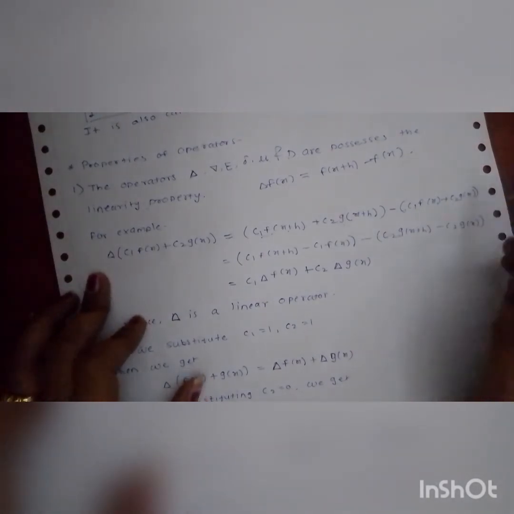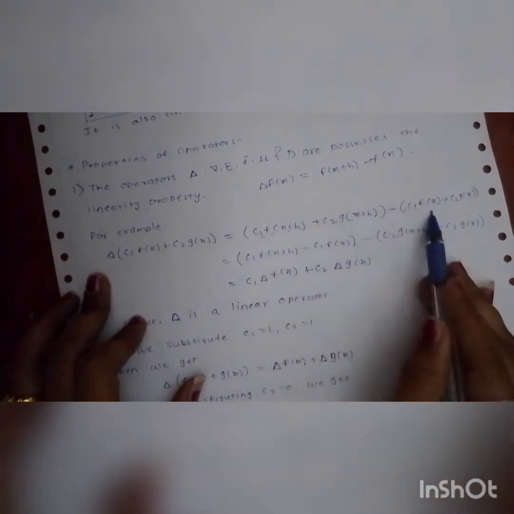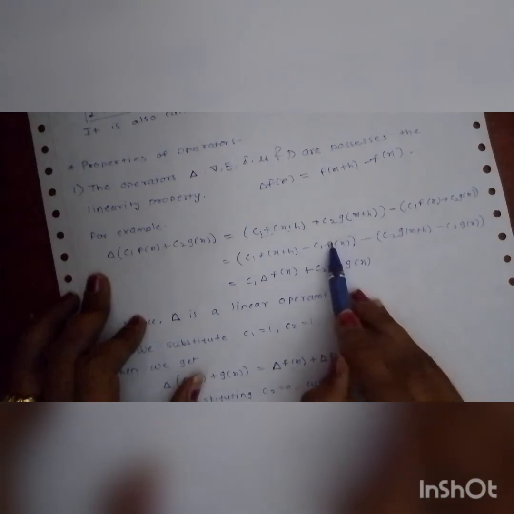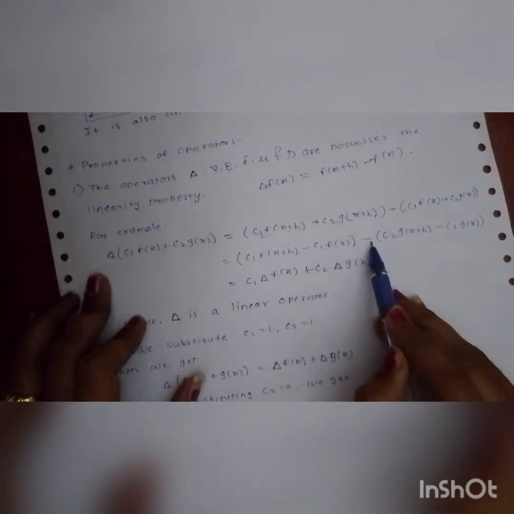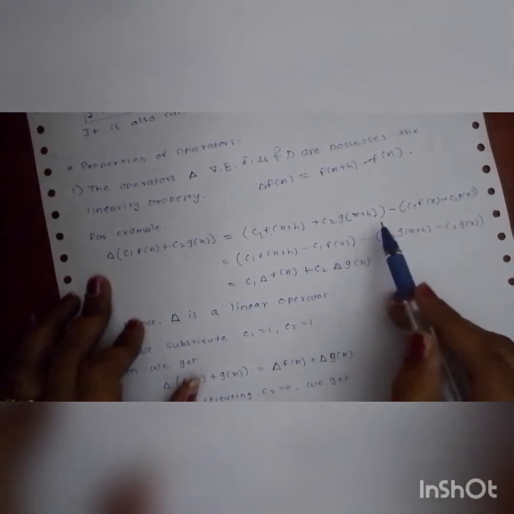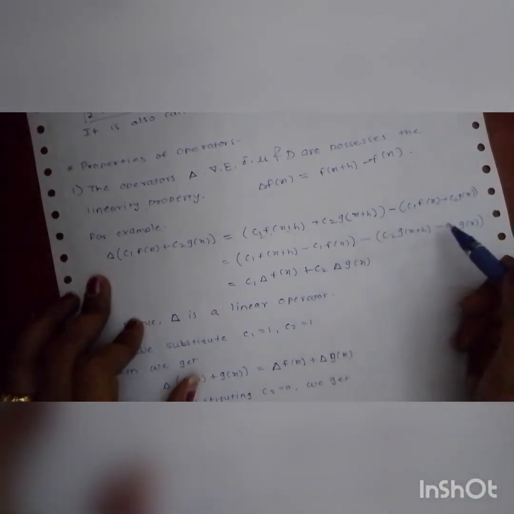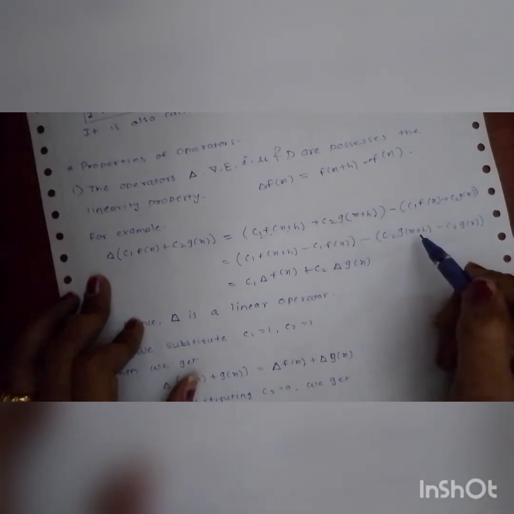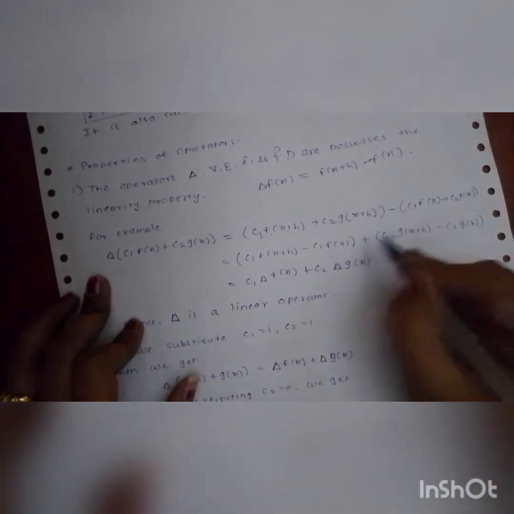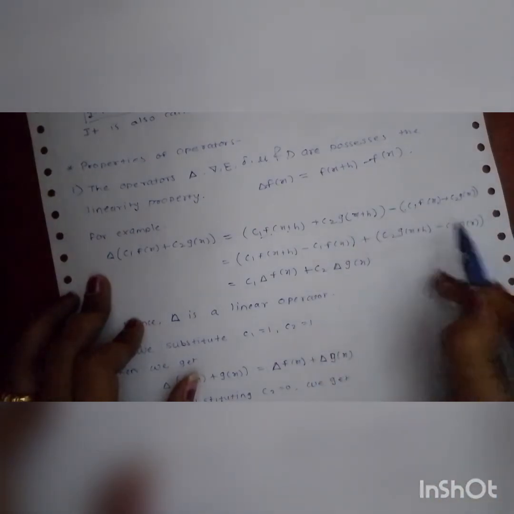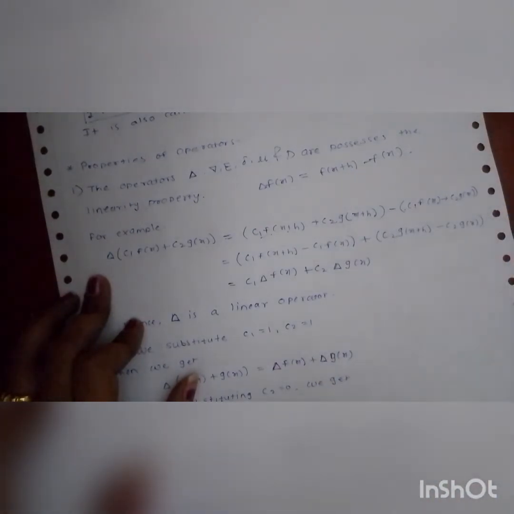Now we collect the terms of f of x. We get c1 f of x plus h minus c1 f of x plus c2 g of x plus h minus c2 g of x.